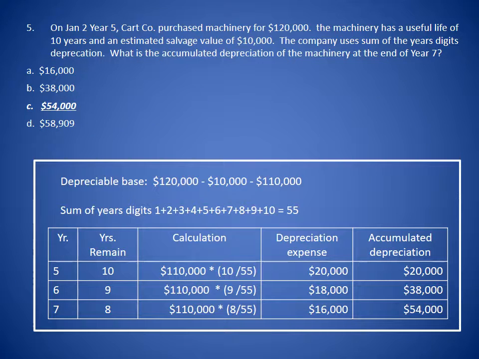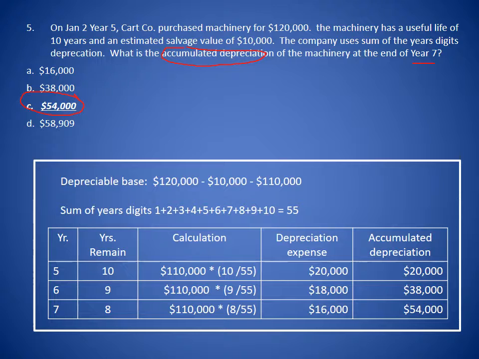Let's take a look at the answer to question number 5. Again, the question is, what is the accumulated depreciation of the machinery at the end of year 7? In this case, the answer is C, $54,000.